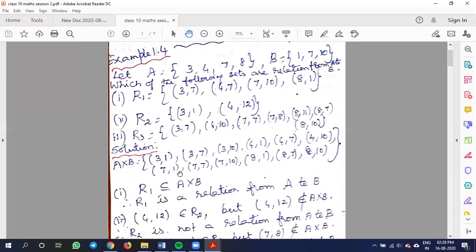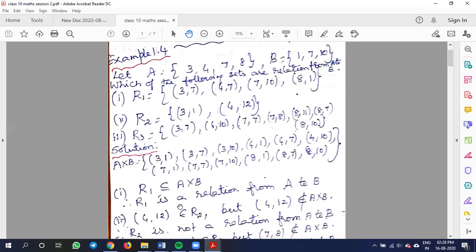What are the elements of R1? (3, 7). Do you have (3, 7) in A cross B? Yes. Then (4, 7). Do you have (4, 7)? Yes. Then (7, 10). Do you have (7, 10)? Yes. (8, 1). Yes.